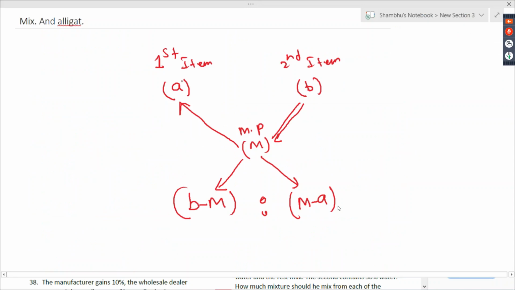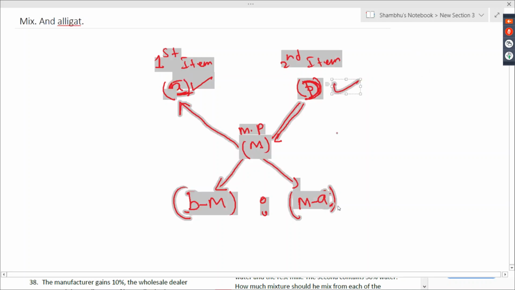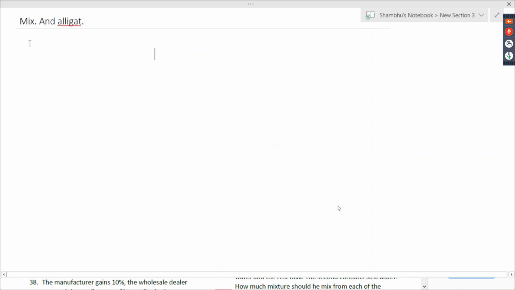Cheaper one and costlier one. Yes, you can say it like that also. This is the cheaper item C. This is the dearer item D. Mean price is M. Then you can also say D minus M is to M minus C. Cheaper item, dearer item, you can say it like that also. But whichever is given first in the question, cheaper item or dearer item, you have to take that as first.